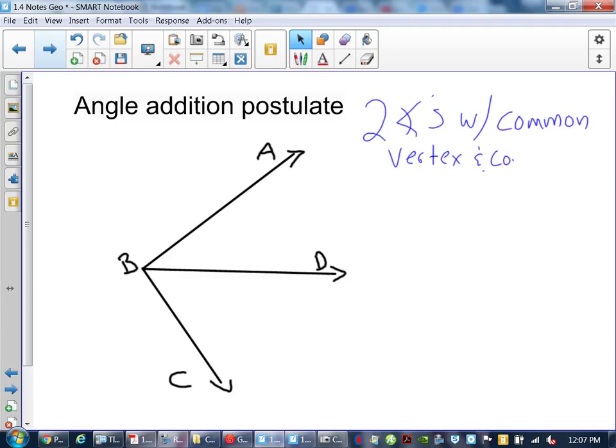That's when you can use angle addition. What I mean by the common side is this: it's shared between both of the two smaller angles. That's what the common side means. Okay?